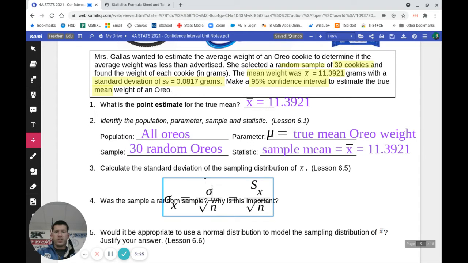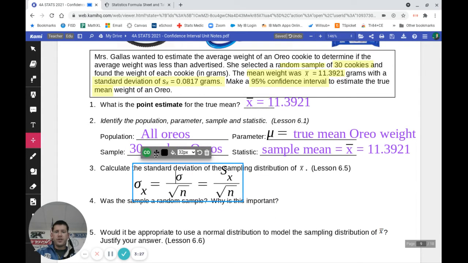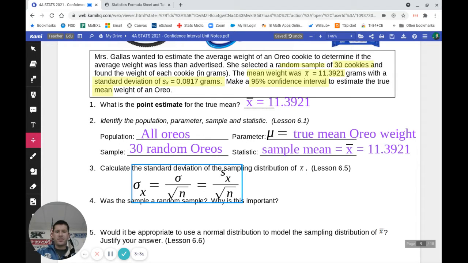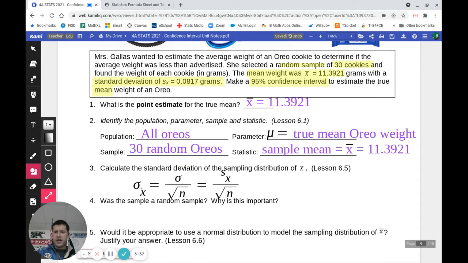Let me make sure we can all see that real quick before we continue. Let's make this a lowercase s. There we go. Let's throw a little bar on top of that x down here.